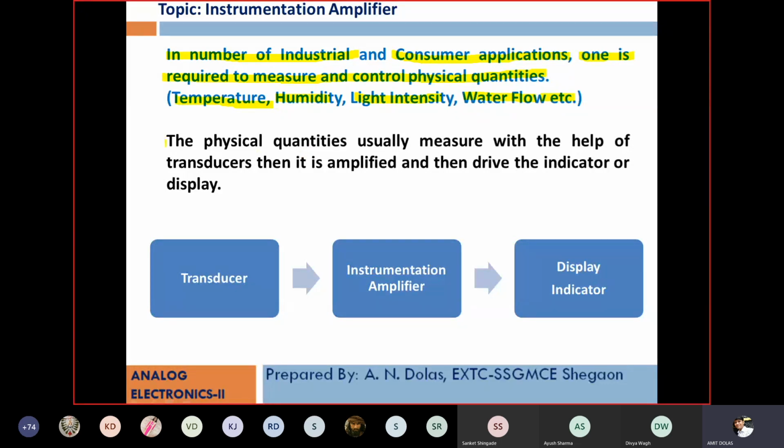The physical quantities are usually measured with the help of a transducer that you know. Then it is amplified and then it is given to either an indicator or display.